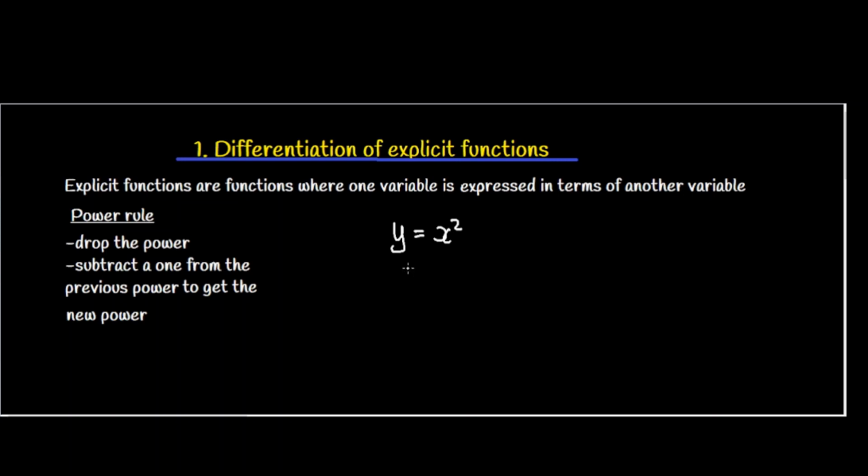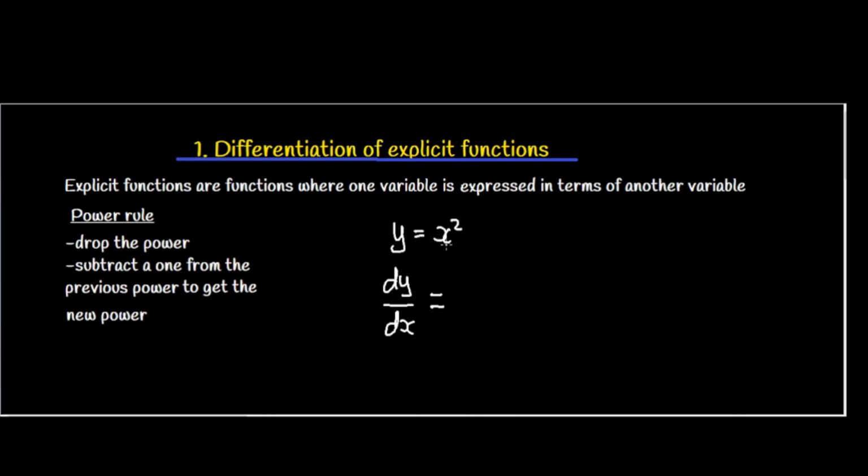That function is either denoted by y prime, if you had your function as y, or it is denoted as dy/dx. This means that you're differentiating a function y with respect to x, whereby x is a variable of this function y. And we have our y, which is an explicit function being expressed in terms of a variable x.